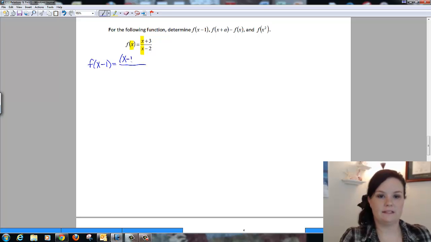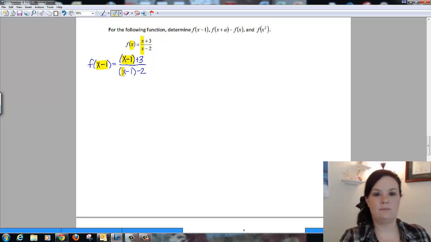So that means I do x minus 1 plus 3 over x minus 1 minus 2. Notice whatever's in my parentheses, that's what I put in where my x's were. Okay, and now I can just drop my parentheses and simplify. When I simplify here, I get x minus 1 plus 3 and x minus 1 minus 2, which gives me x plus 2 over x minus 3. And I just leave it like that.